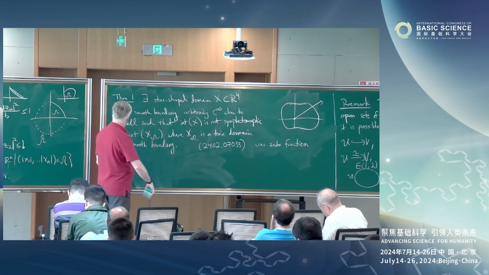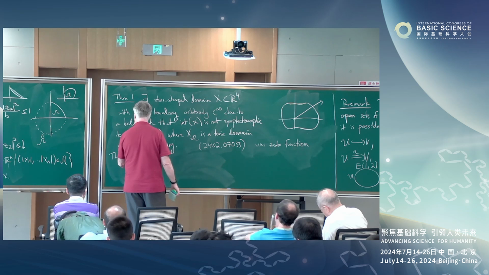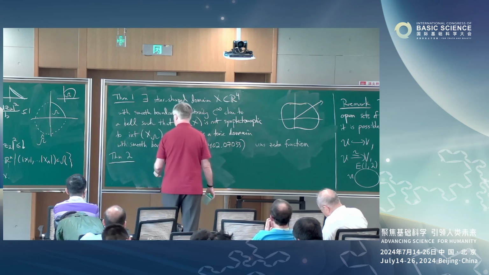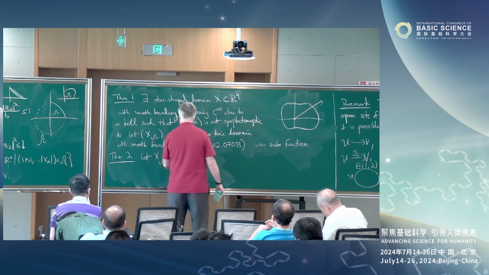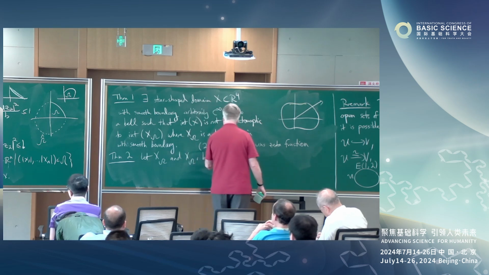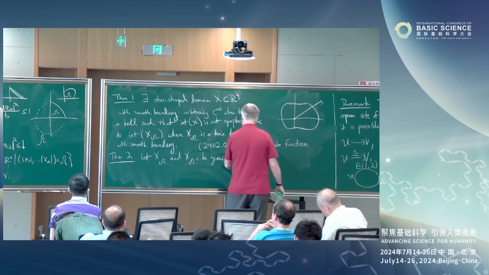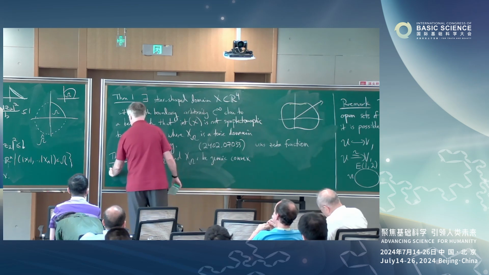Good. All right, so theorem 2. Let X omega and X omega prime be generic convex toric domains in R4.